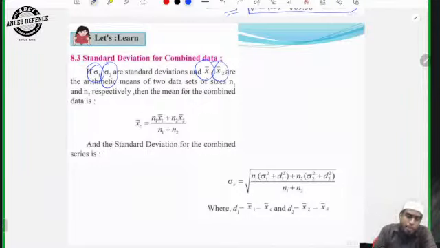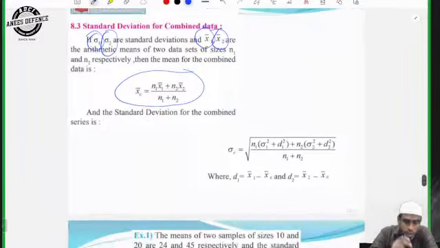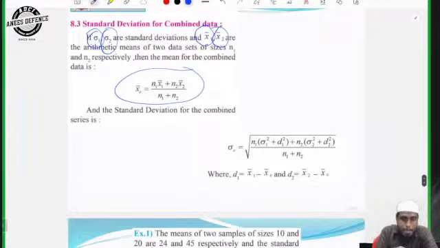So what will be the combined mean of these two data? The combined mean can be represented by this equation: Xc bar equals n1 x1 bar plus n2 x2 bar divided by n1 plus n2. So that is the formula for combined mean.